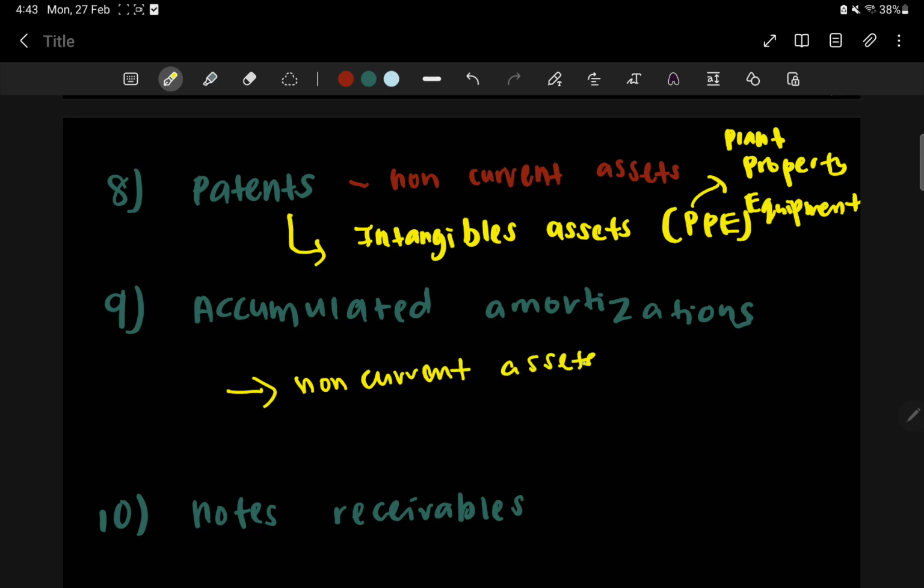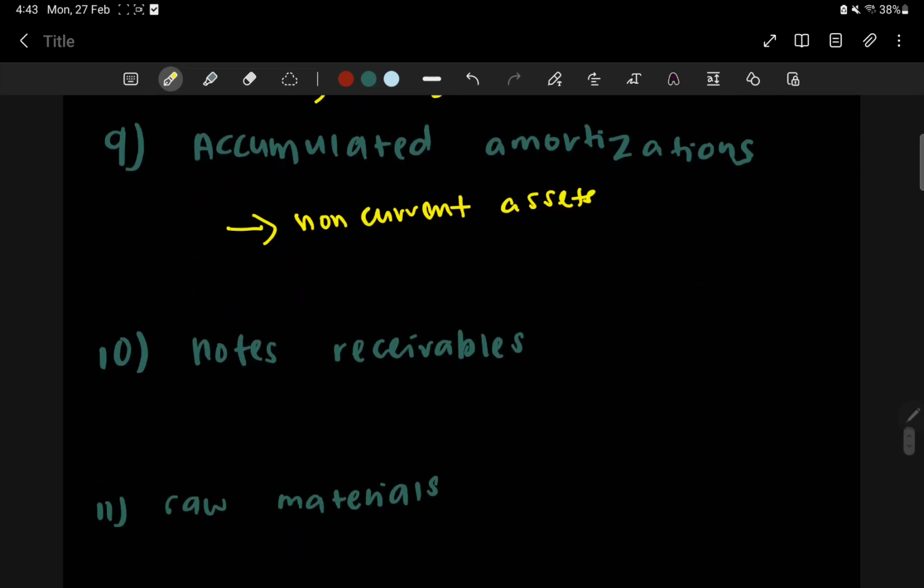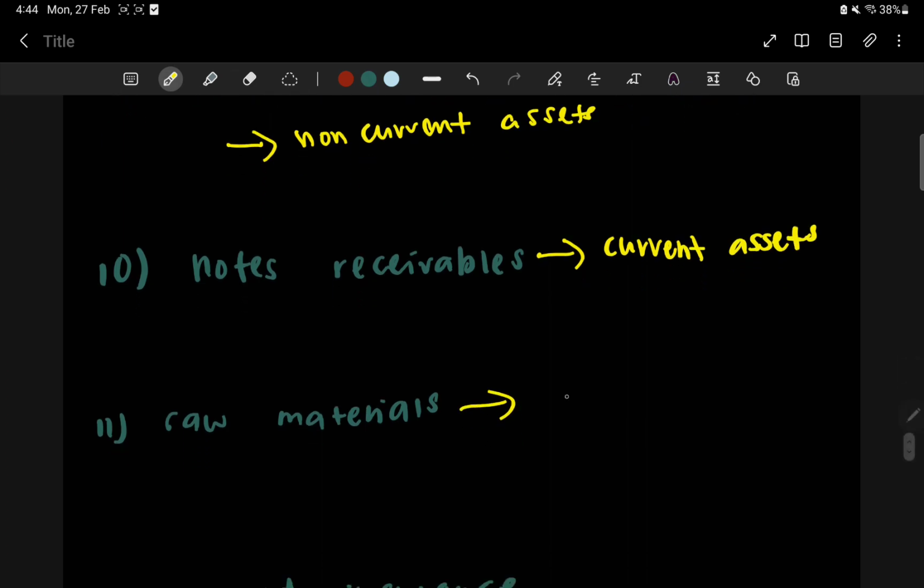Alright. How about notes receivable? Well, the notes receivable will be a current asset. How about the raw material? Raw material will also be a current asset.